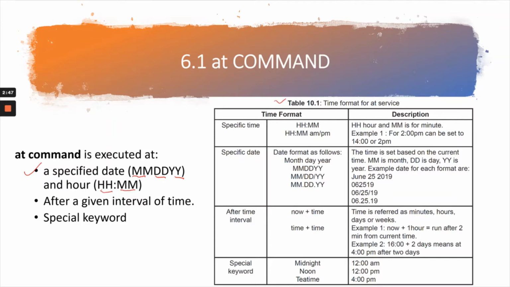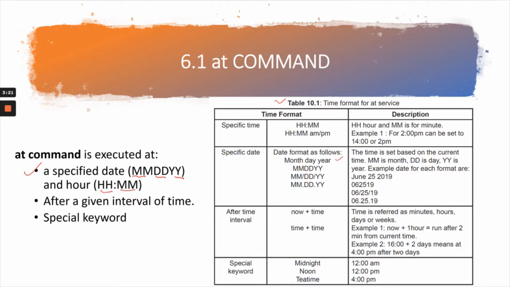If you want to specify the date and time, you can use the following formats, month, day, year. I will just go straight to the example. For example dates for each format: if you use month, day, year, you just specify in English June, then the day is 25, and then the year is 2019.